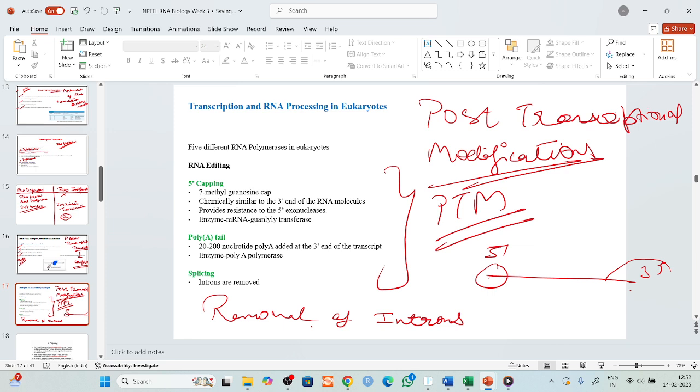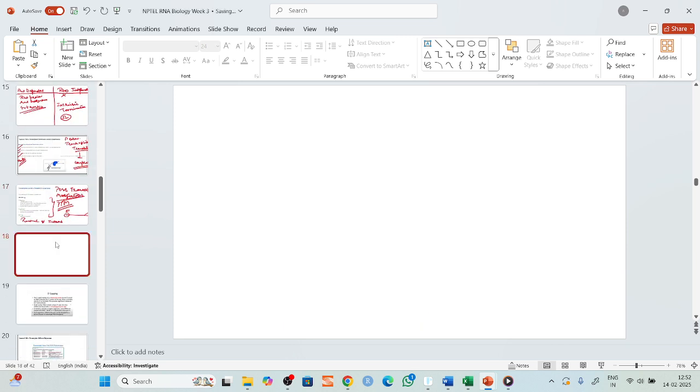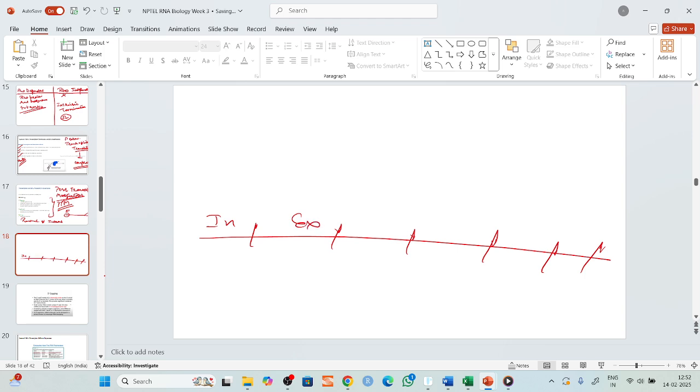See here, this is your mRNA. It has introns, introns, introns.